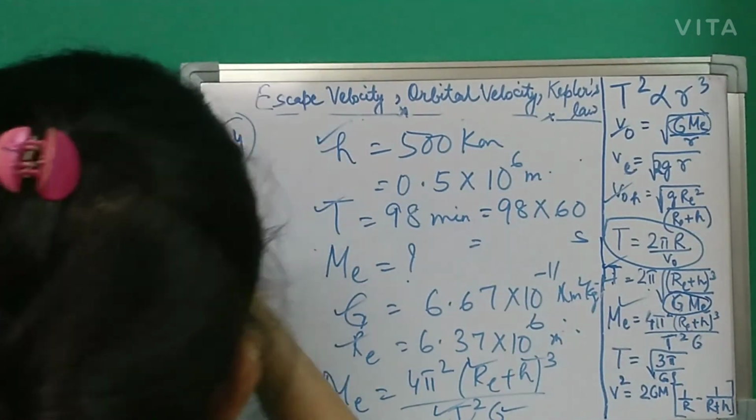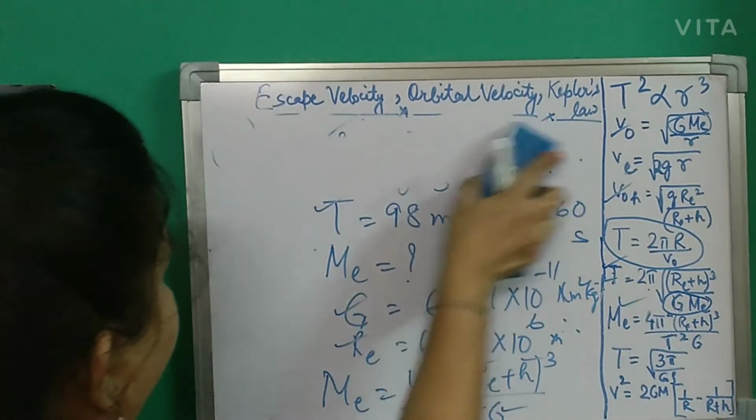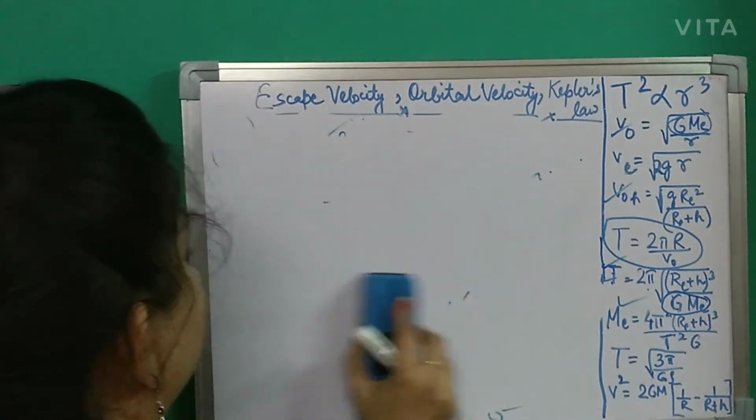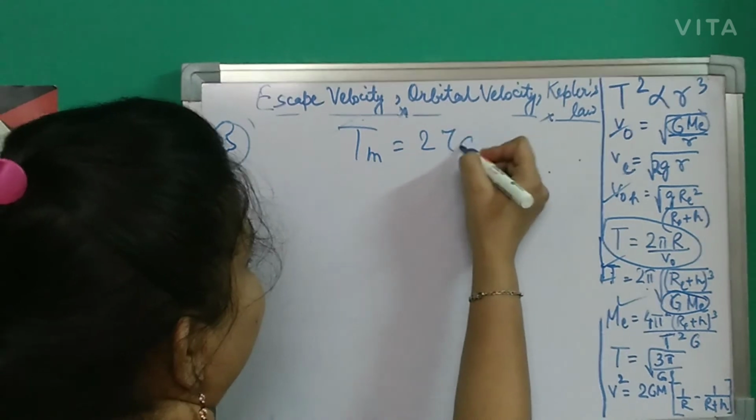Next, let us go to sum number 25. Students, let us see what it is saying. It's saying that the moon completes one revolution around the earth in 27 days. That means the time period of the moon is given as 27 days.